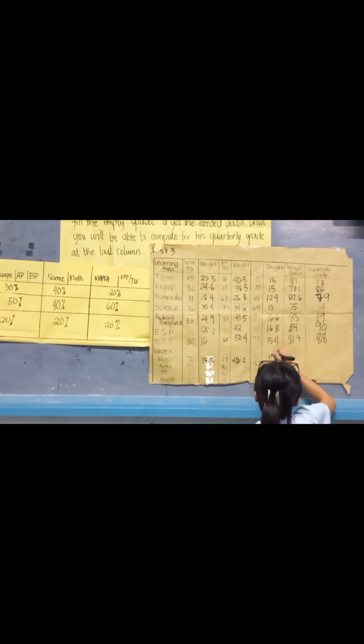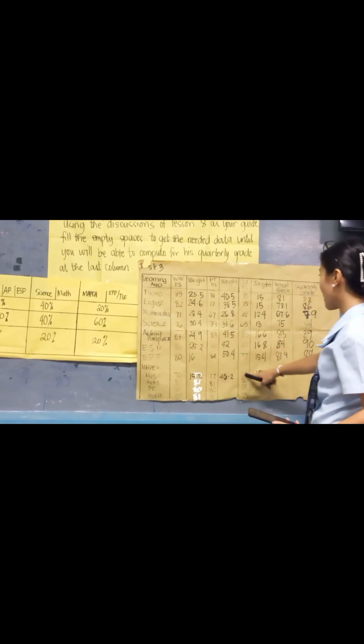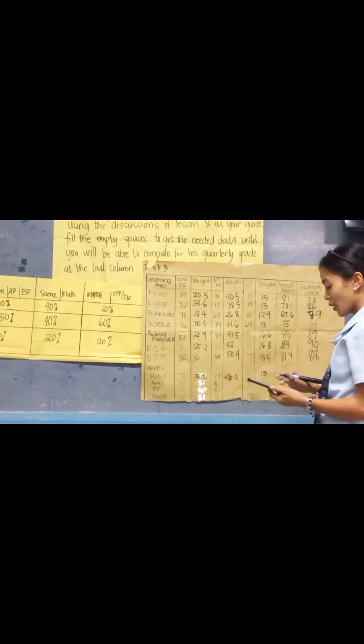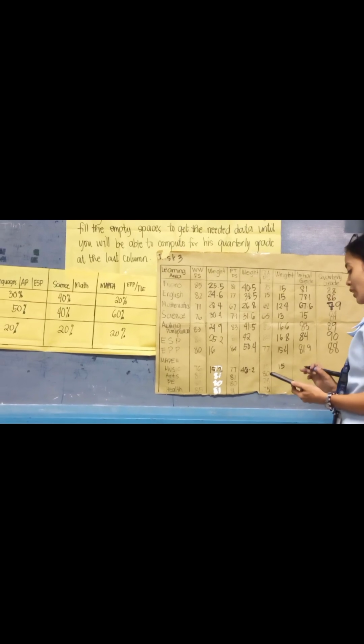So 75 times 0.20 is equals to 15. All the weighted scores of the written works, performance task, and the quarterly assessment. So 15.2 plus 46.2 plus 15 is 76.4.